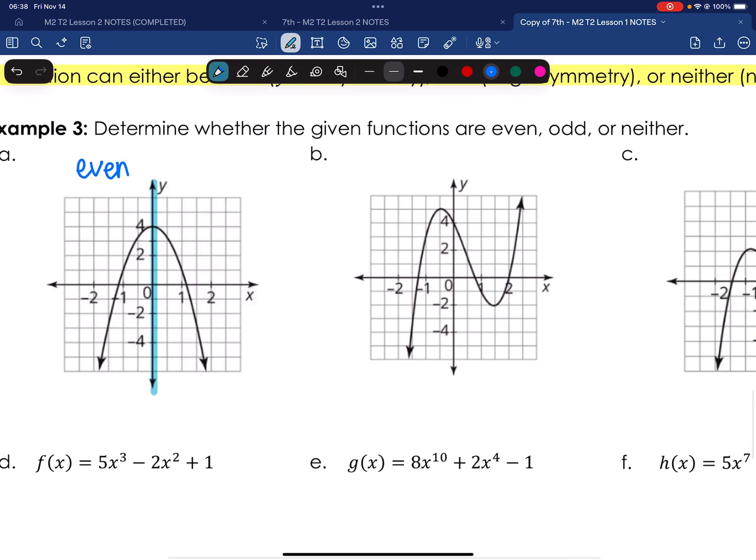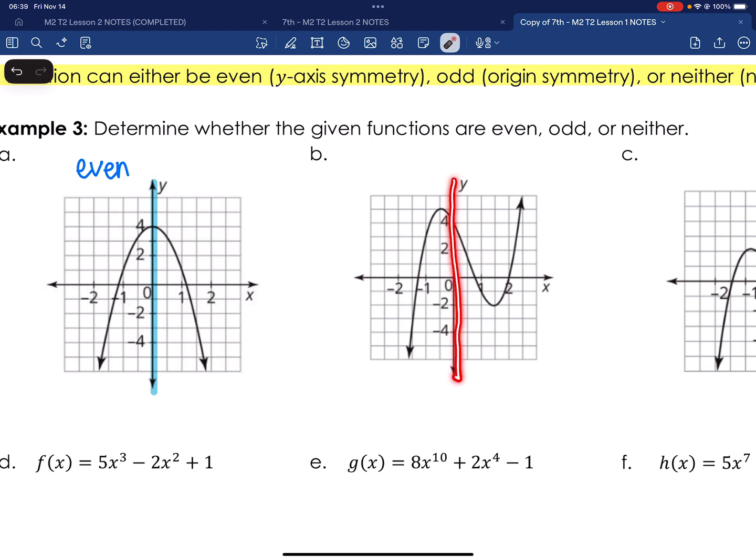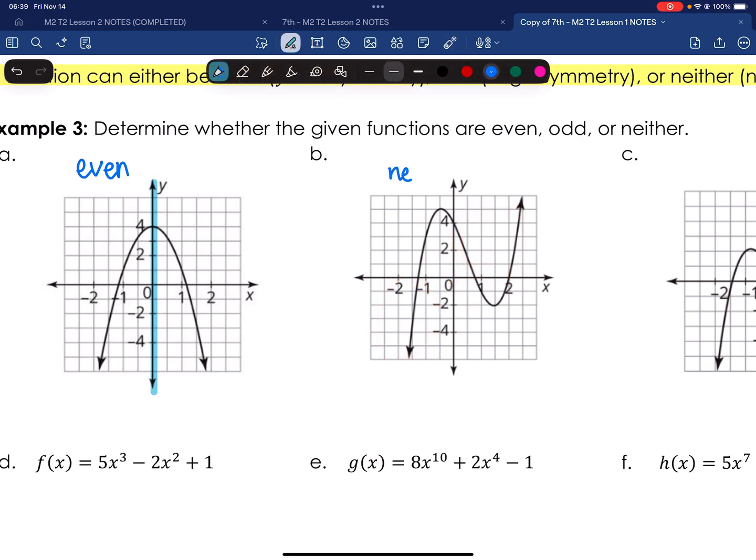Okay. Looking at letter B, notice that it is not symmetric about the y-axis, so it's not even. And it's not symmetric about the origin because this does not match this. So therefore, this is an example of neither.